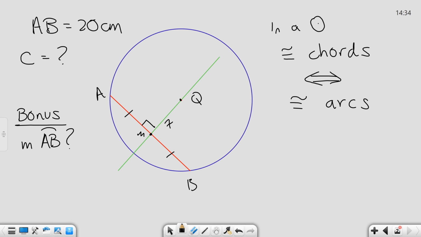That's two sides, like A to M and M to B. Oh wait, 7 is the distance from the center of the circle to M. It has to be moved.